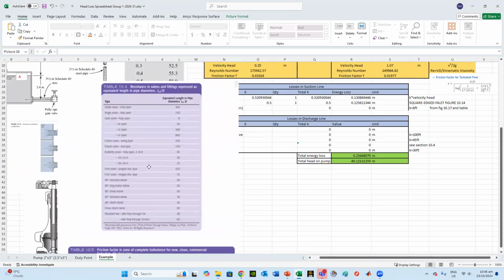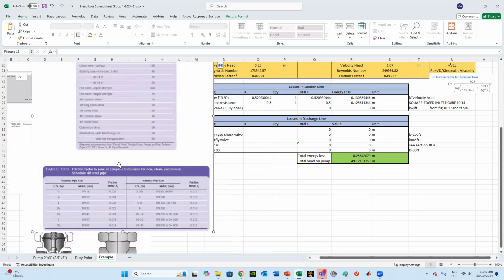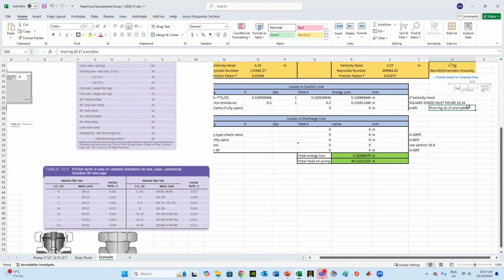So if it's a gate valve fully open, it's 8 LE over D, and for the suction line, as you know, it's 2.5 inches, so that will be 0.018. That is table 10.5.